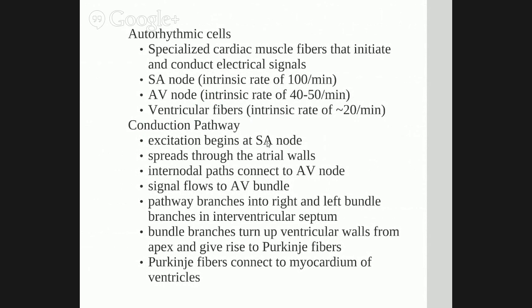Those autorhythmic cells in the SA node start depolarization, begin the excitation. That spreads through the atrial walls on both sides, which is going to include the internodal paths that connect to the AV node. The AV node will then spread that conduction along into the AV bundle, which then branches right and left, going in parallel in the interventricular septum, and then they turn up into the ventricular walls on either side.